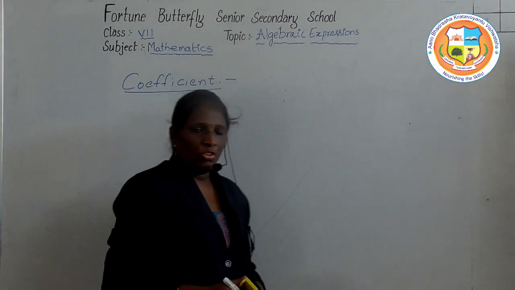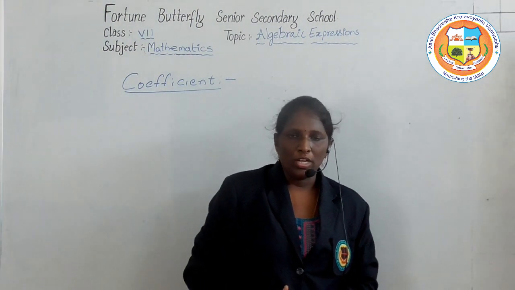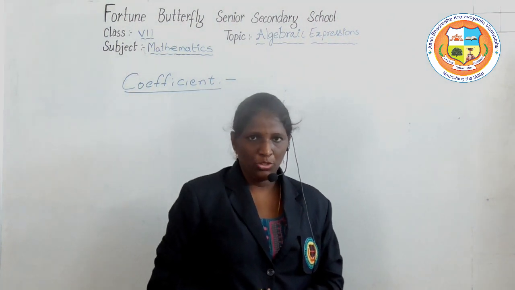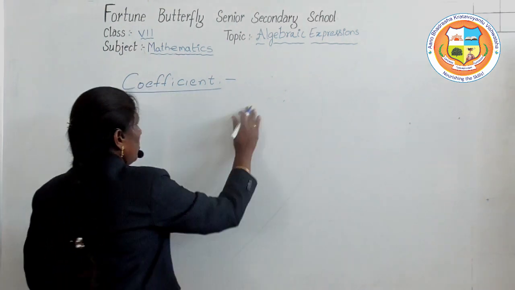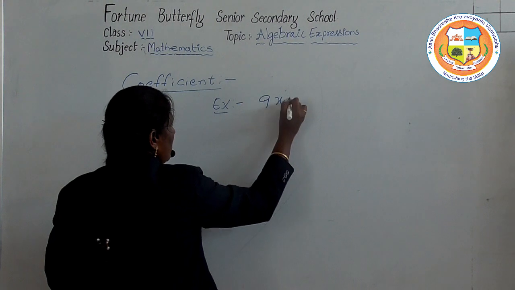Coefficient. What is coefficient? In a product, of two or more factors, each one of them is a coefficient of the product of the other factors. For example, 9xy.